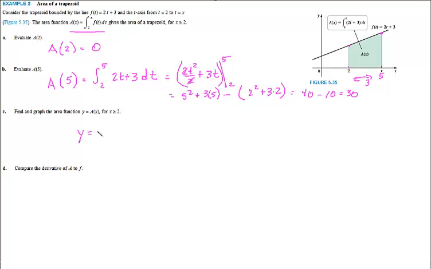So y equals, so I'm just going to integrate this just like I did before with just an x here and a 2, and then 2t plus 3 dt. I'm going to get the same thing I got before, t squared plus 3t. This time I'm going to evaluate it from x to 2.